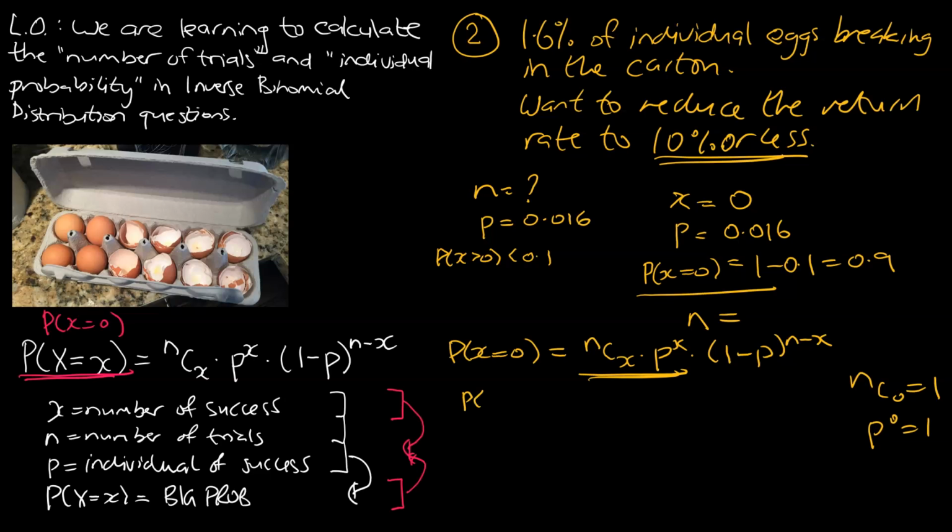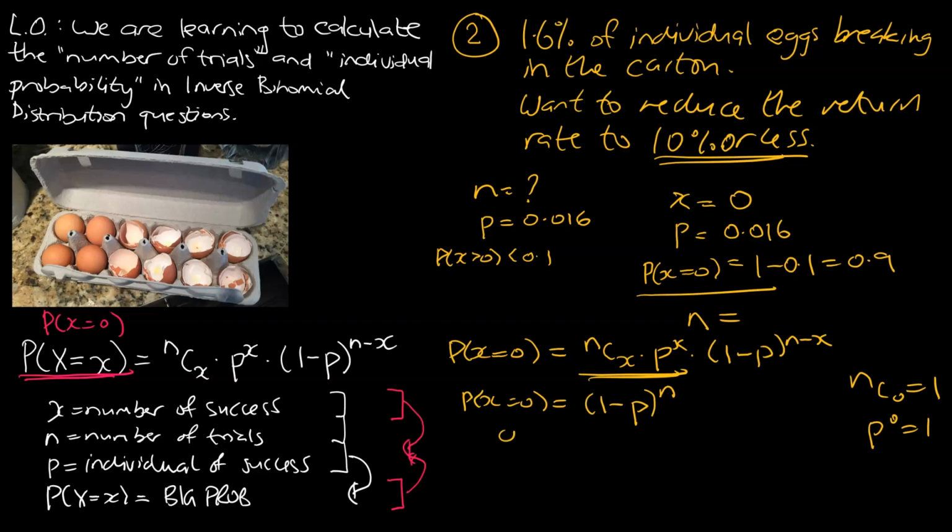So we're left with the probability of x being equal to 0 is equal to 1 minus p to the power of n, and that minus x goes away because minusing 0 doesn't change the number. Just a note, that's the formula we actually use for all inverse binomial questions. We will use that easier formula. So if you do memorize that, you can get into formula questions a lot faster than I did.